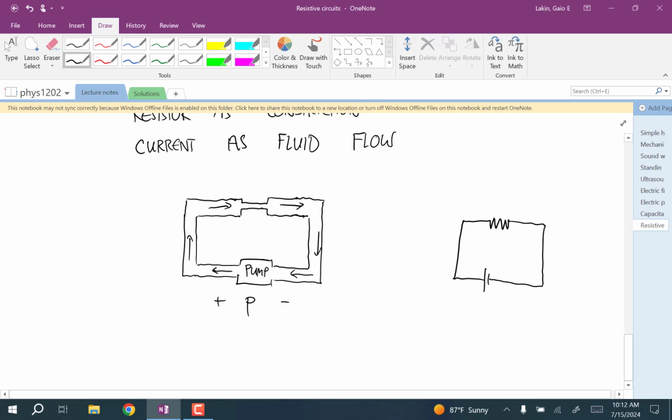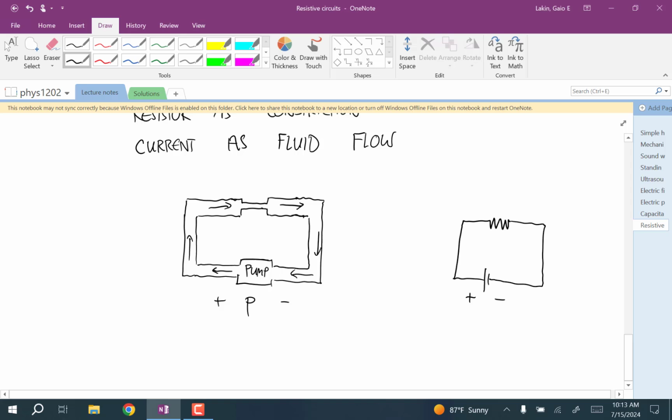schematic. So in this case, the battery is always shown by a long line and a short line. The long line is the positive terminal of the battery, and the short line is the negative. And this is a resistor on top.